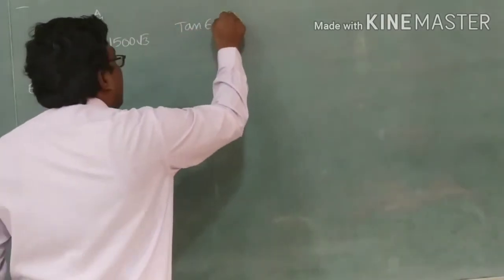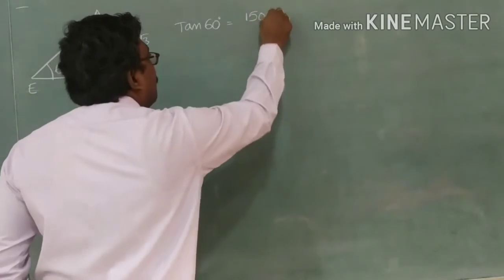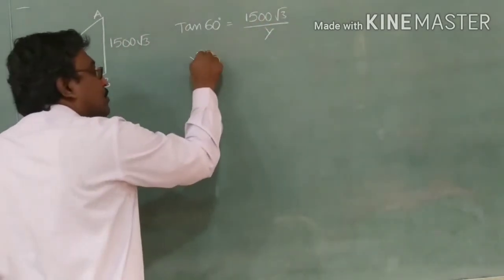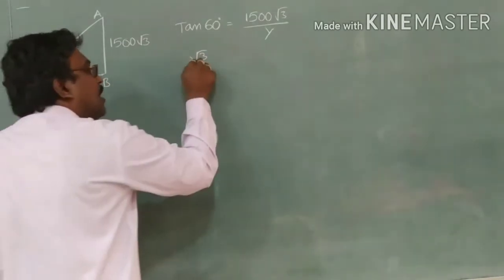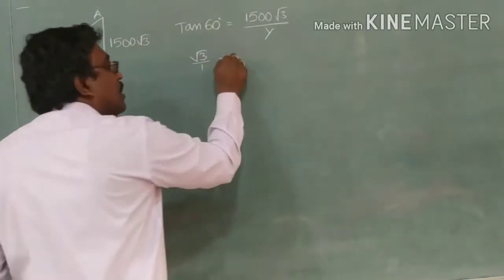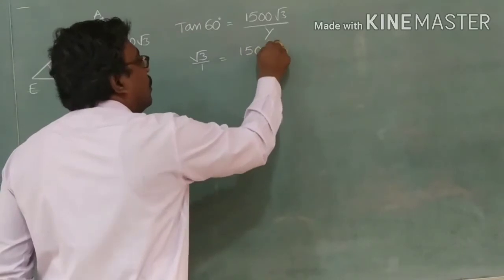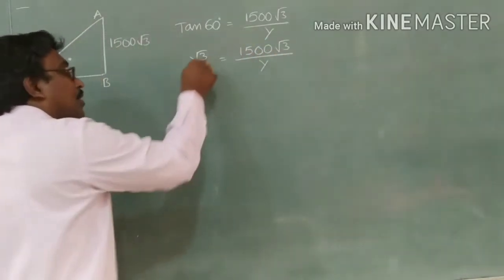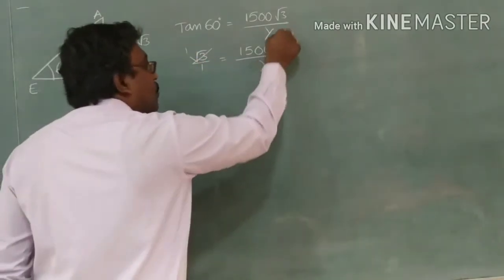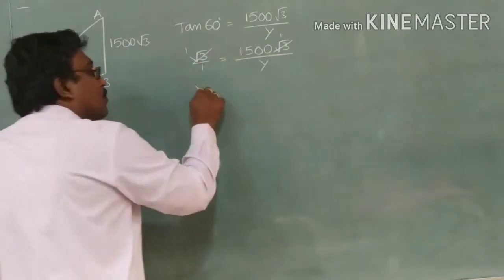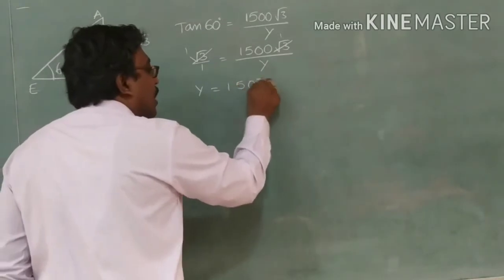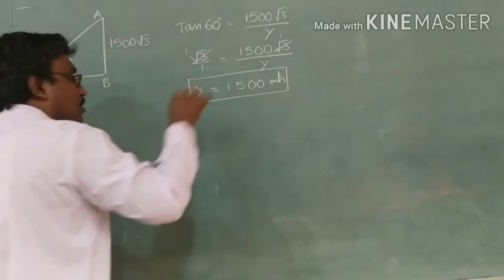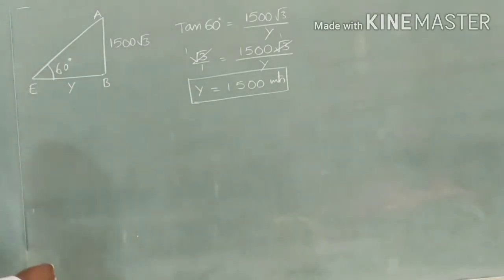Tan 60 is equal to 1500 root 3 by Y. Tan 60 value is root 3, so root 3 is equal to 1500 root 3 by Y. Root 3 cancels with root 3, so Y is equal to 1500 meters.